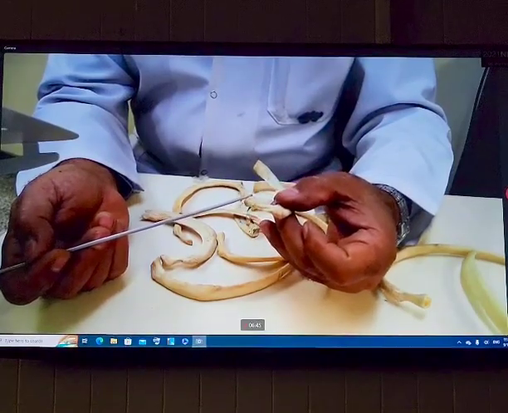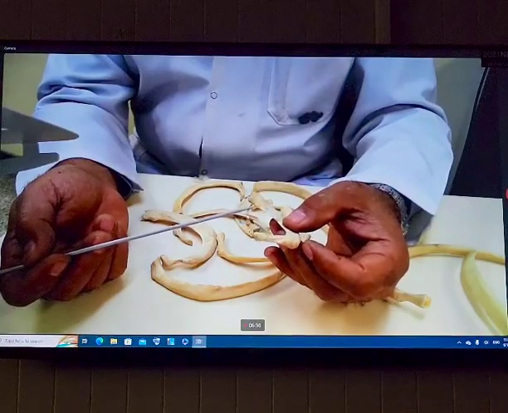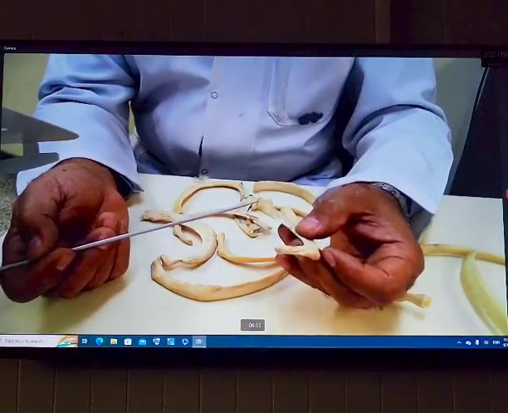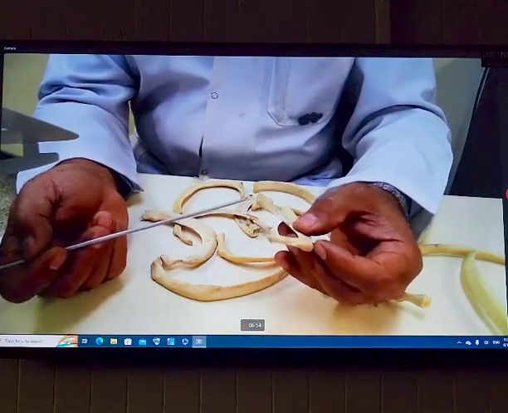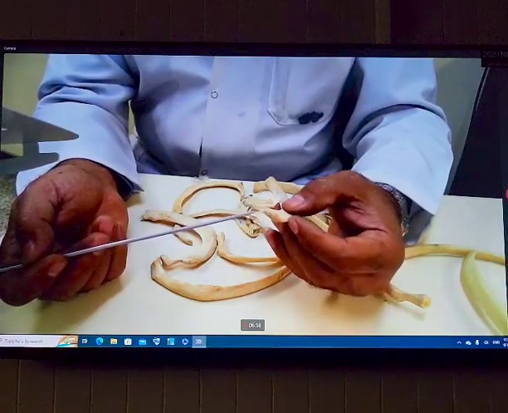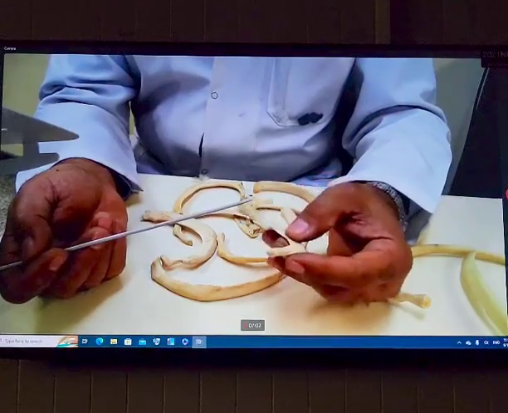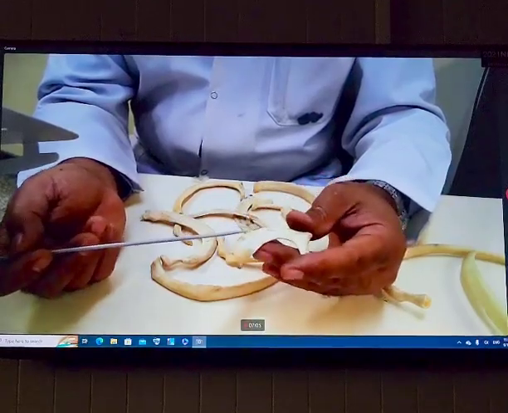So the first rib is atypical, and as part of that, it has an anterior end which is concave just like the typical, and has a posterior end which is formed of a head, neck, and a tubercle just like the typical. But the first rib, first of all, is short.